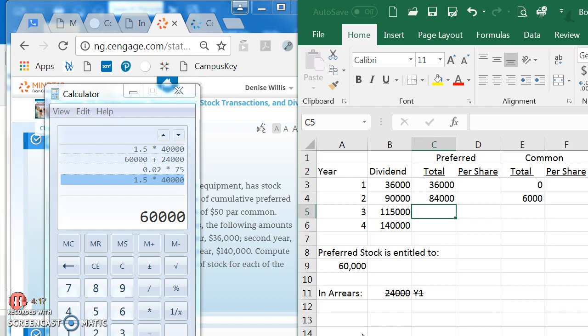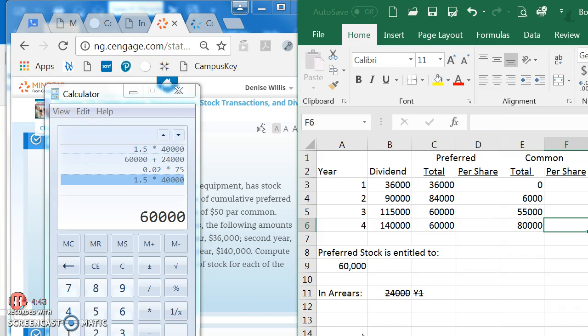Preferred is entitled to $60,000, so that's exactly what they're going to get. And the remaining part, the 115 minus the 60, will go to your common shareholders. The next year, there's nothing in arrears, so the preferred get their standard $60,000, and the common will get the difference between the 140 and the 60.